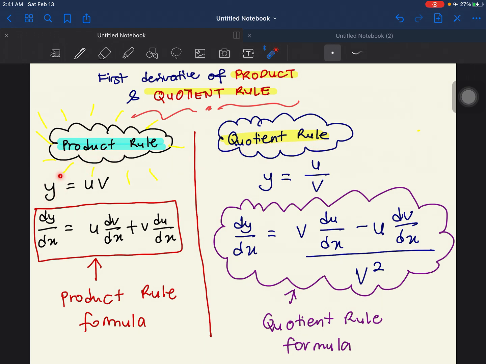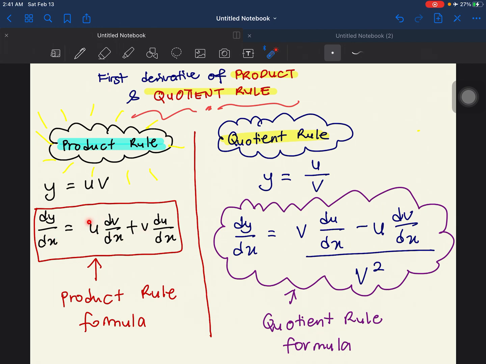When you see your function has been multiplied with two terms, u and v. What kind of terms? Macam mana bentuk terms dia? I show you later. So this is the formula to find the product rule, to find the dy dx or the first derivative, dy over dx.